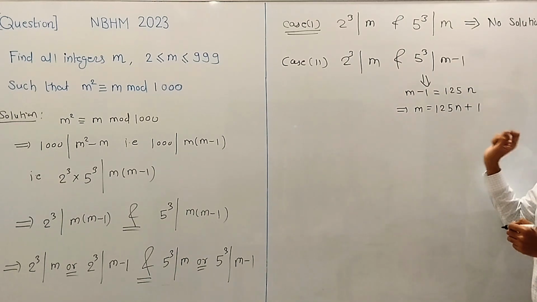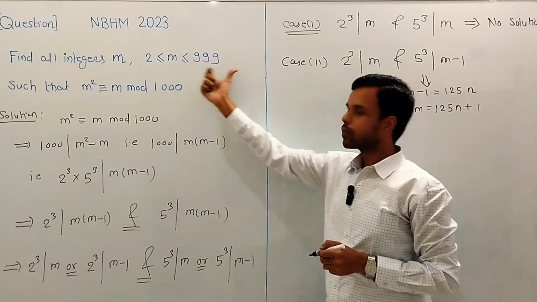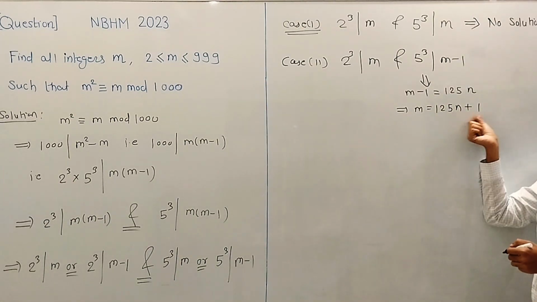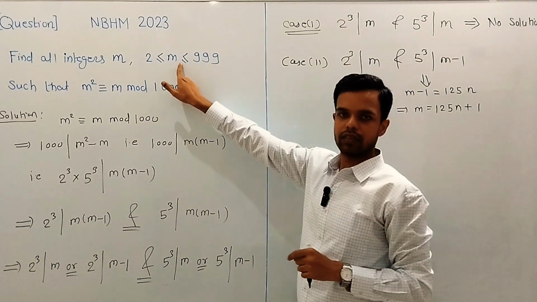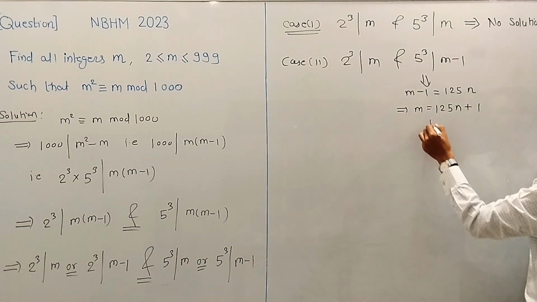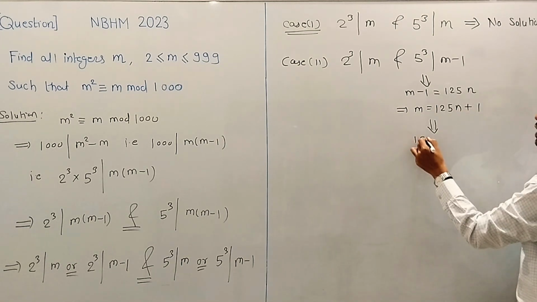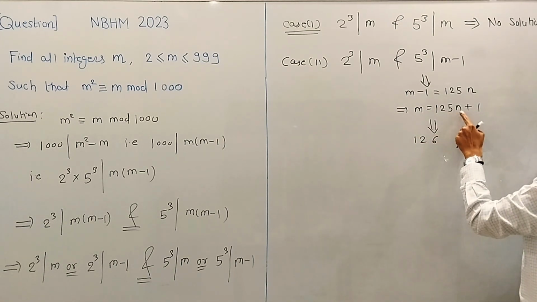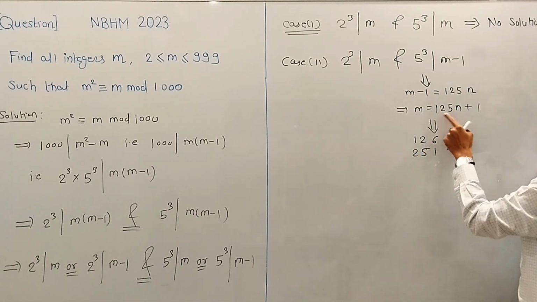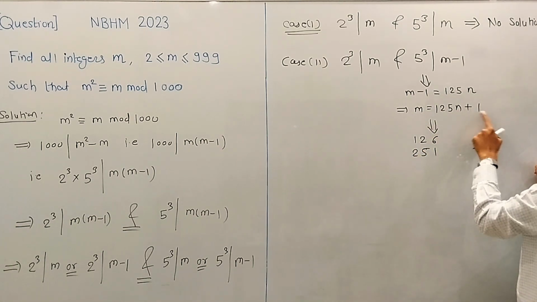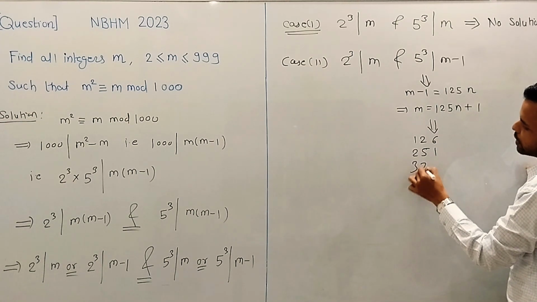But the values of m lie in this range, so m is 1 plus a multiple of 125 and lies in this range. So possible values of m are 125 times 1 plus 1, that is 126, 125 times 2 plus 1, that is 251, 125 times 3 plus 1, that is 376.